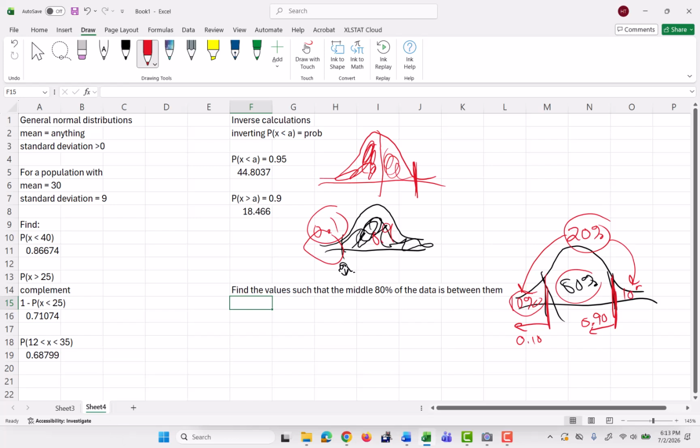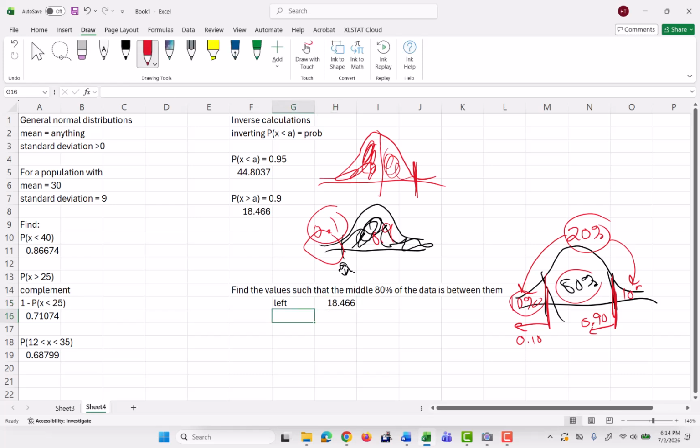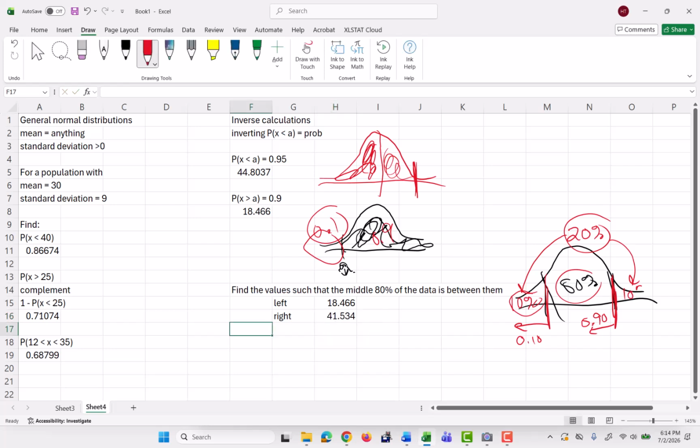So let's do the left end here, the 10%. norm.inv, 0.1 with a mean of 30, standard deviation of 9. And then let's do the right end here, which is the 90%. So that equals norm.inv 90% or 0.9 with a mean of 30, standard deviation of 9. So we get 18.47 and 41.53.